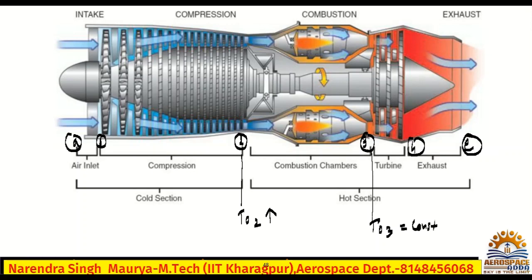Yes or no? Now, how to relate the compressor outlet temperature with the efficiency of the compressor? So first I will write the efficiency of the compressor, so it will be more clear to you, because efficiency and compressor temperature we have to relate.